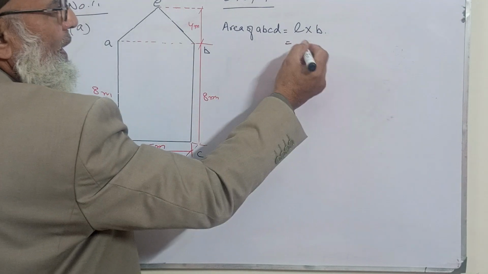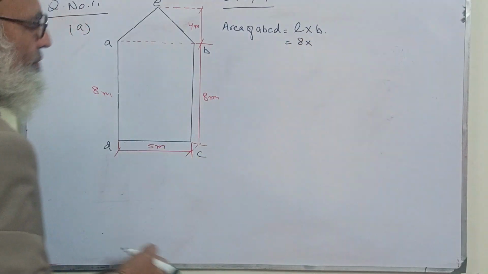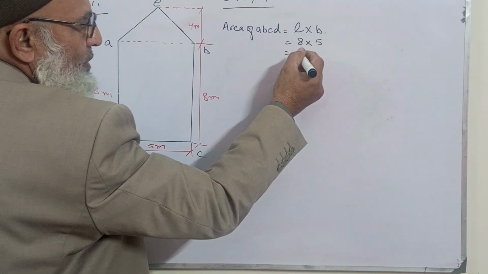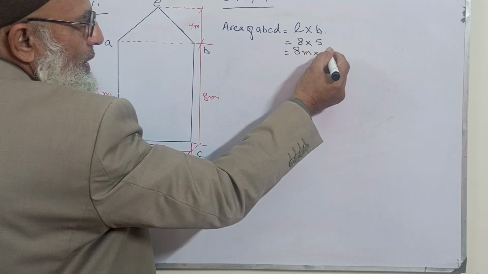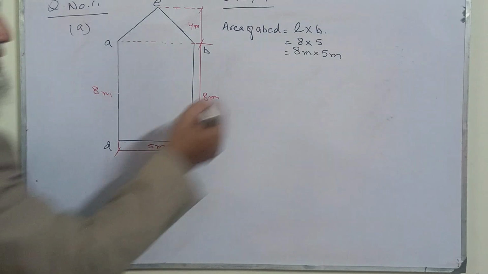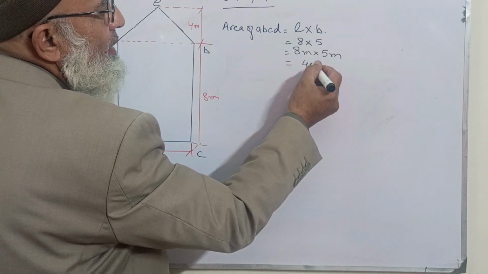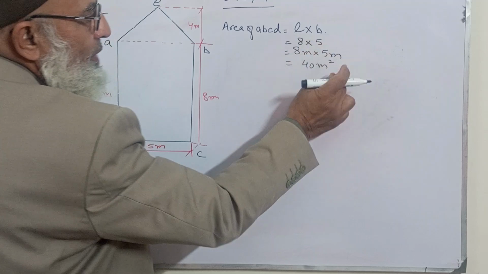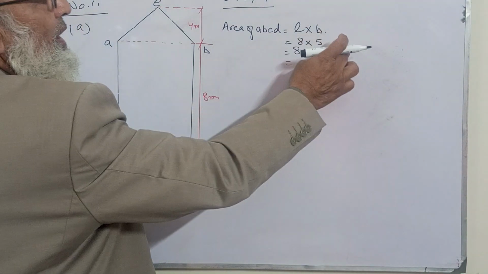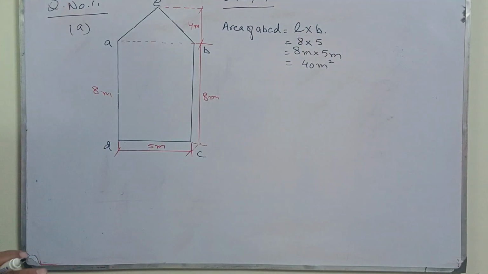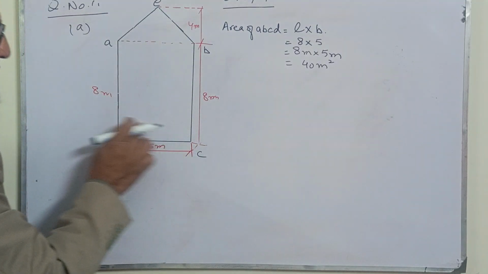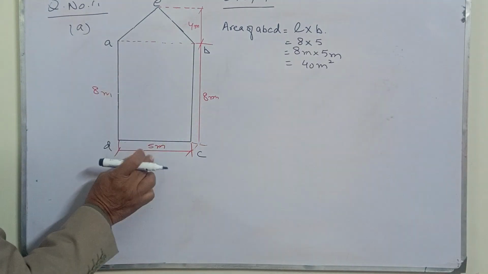So it will become 8 multiplied by 5. You can also write these units so that units also multiply with each other. So it will become 40 meters square. 8 fives are 40, and m and m, when multiplied together, become m square. Now this is the area of this rectangle only.